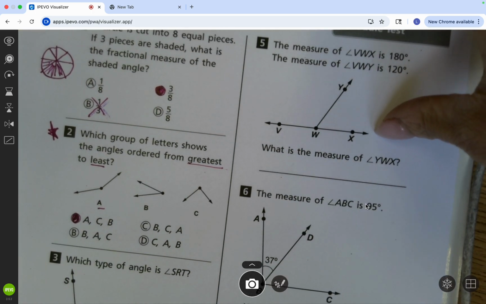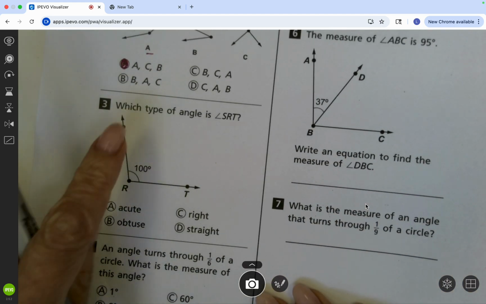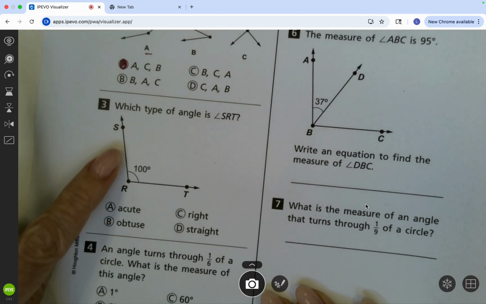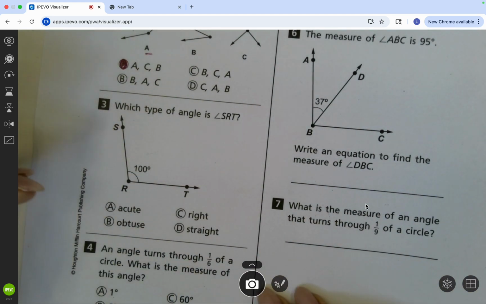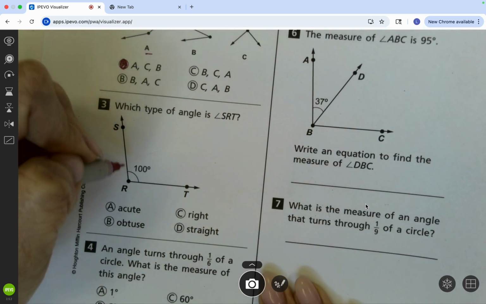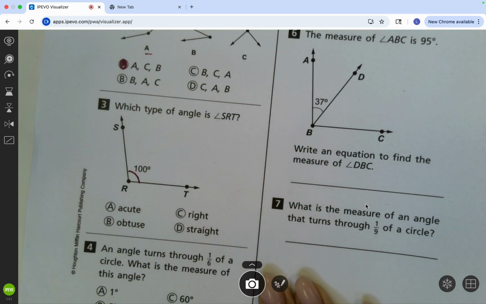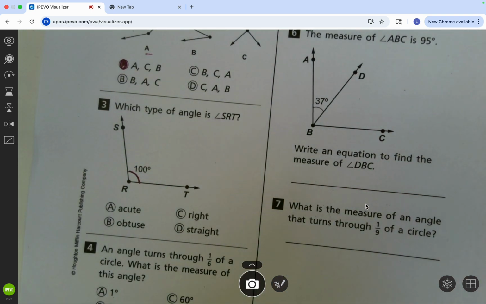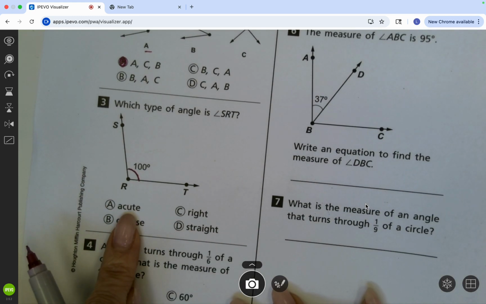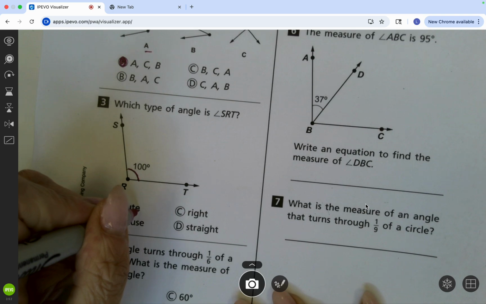Number 3. Which type of angle is SRT, angle SRT. So remember, when we see those letters, we follow the order. SRT, so it's looking for this angle, and it tells us it's 100 degrees. So think about it. An acute angle is an angle less than 90, so it cannot be acute, right?